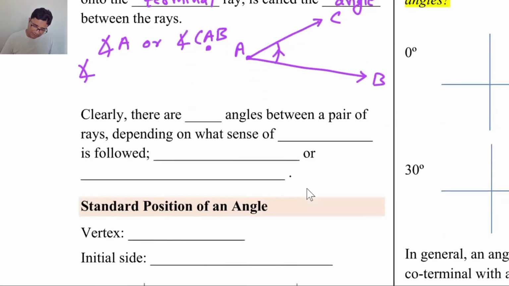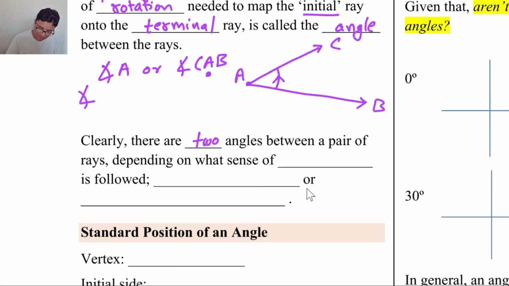Clearly, there are two angles between a pair of rays, because if you look at this diagram here, you might say, why do I have to rotate like that? I could have gone around like this, right? You could have rotated the other way and reached the same terminal ray.